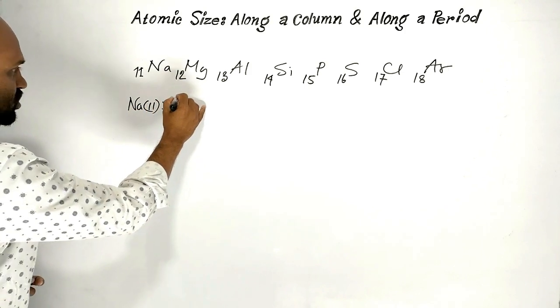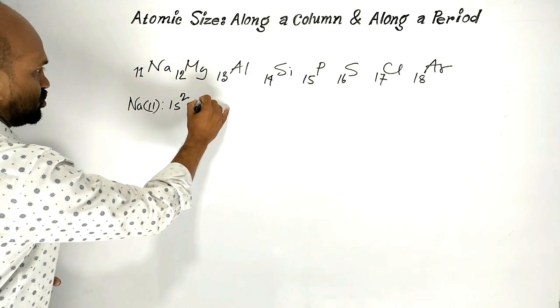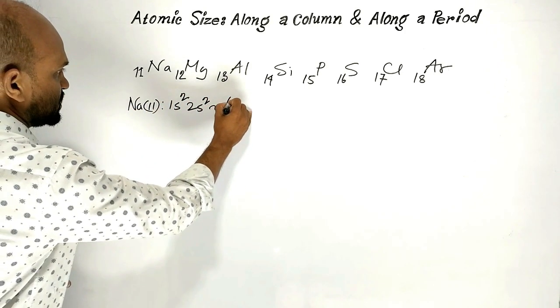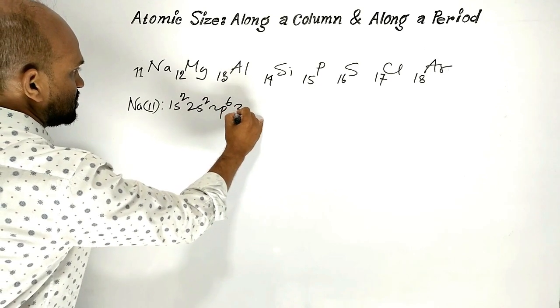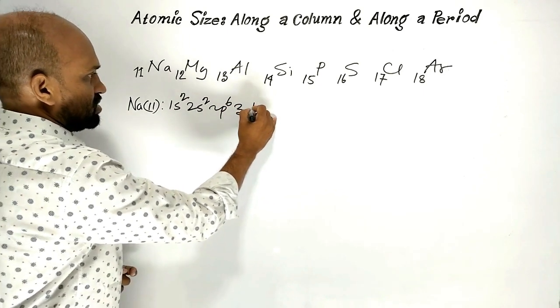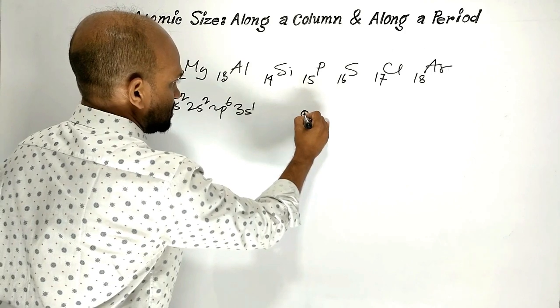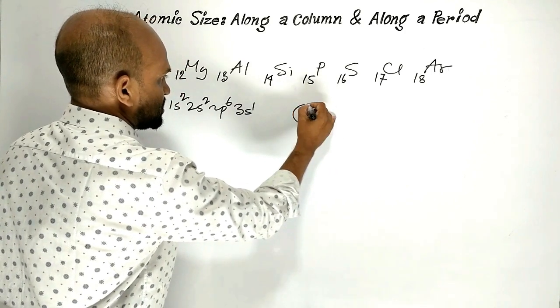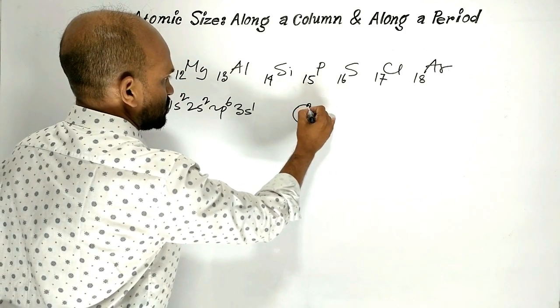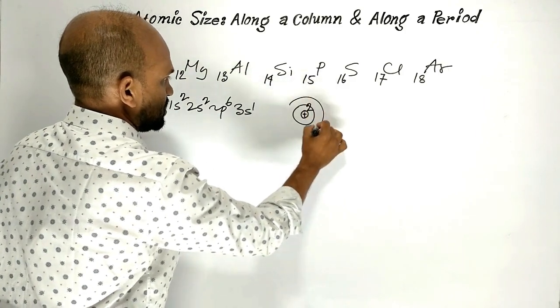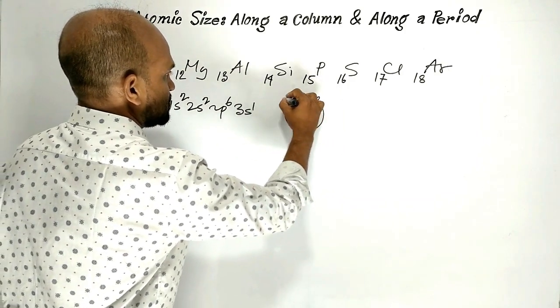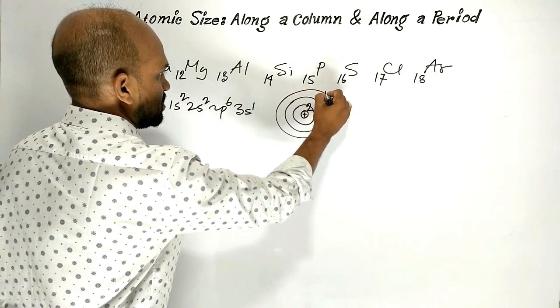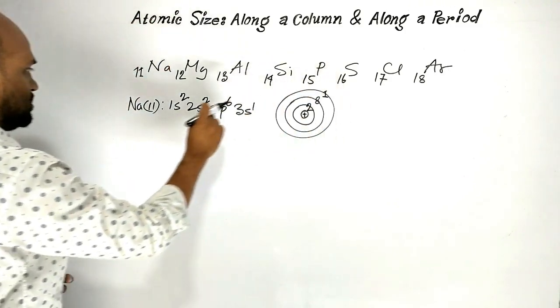Sodium: 1s2, 2s2, 2p6, 3s1. That is, the first shell contains 2 electrons, the second shell 8 electrons, the third shell 1 electron.